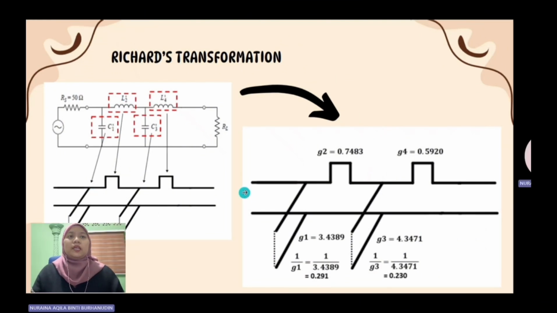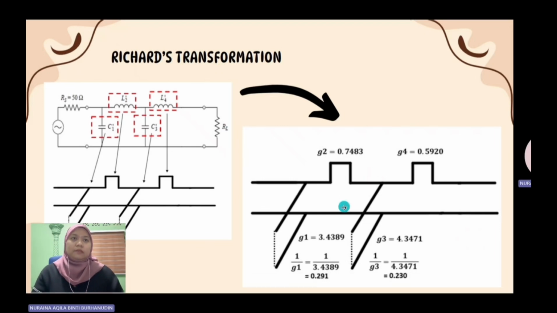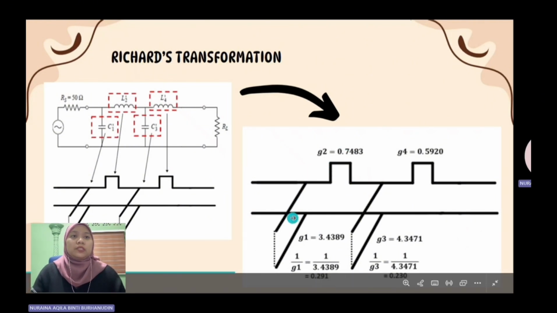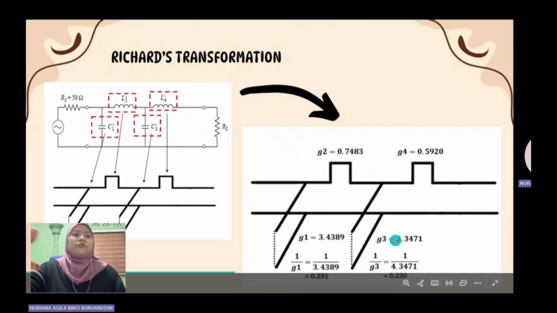Then we get this circuit from the Richards transformation based on the low pass filter lumped design. This is for our inductor, and this is for the capacitor, which is the open circuit. For the open circuit, we have to divide the G2, G1 and G3 to get this number.